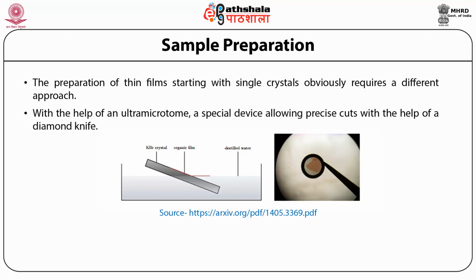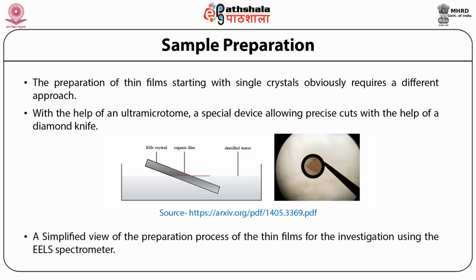Here in this slide, a simplified view of the preparation process of the thin film has been given. This thin film is used for the investigation using the EELS spectrometer. This has been very beautifully illustrated here in the diagram.